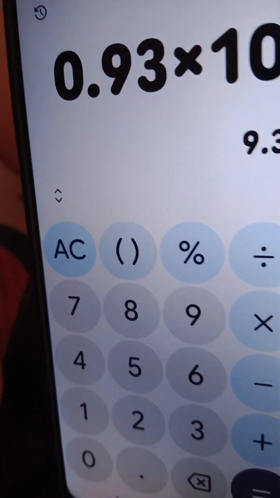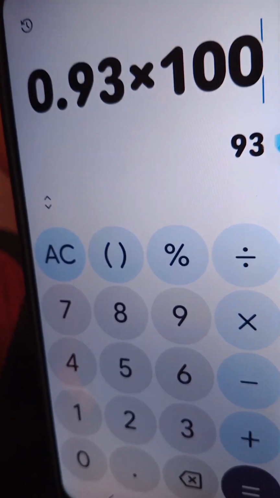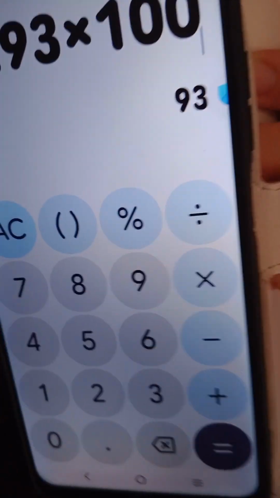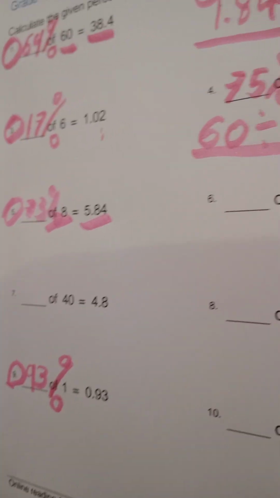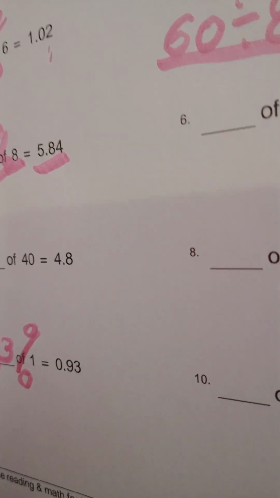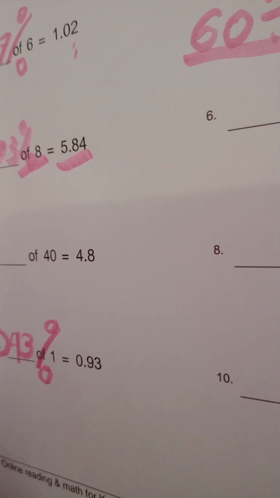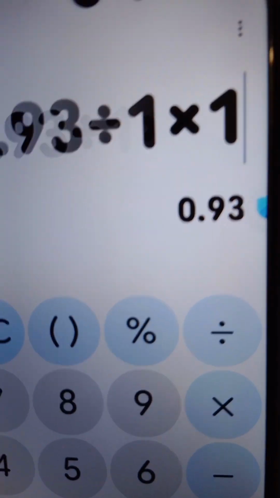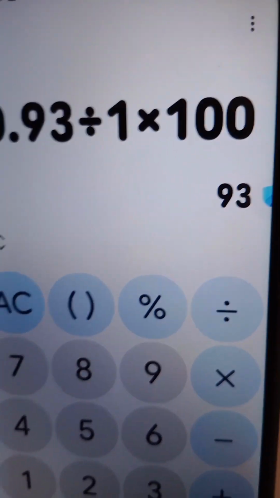That's 9.3. But when you do it by 100, you get 93. And if you work it out how you've worked all the other ones out, 0.93 divided by 1 times 100, you still get 93. Exactly.